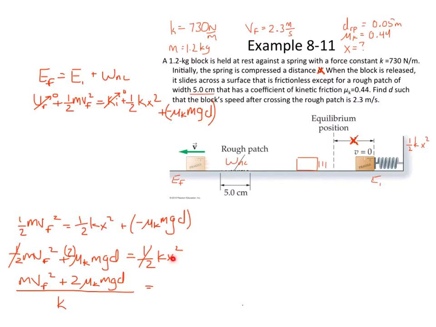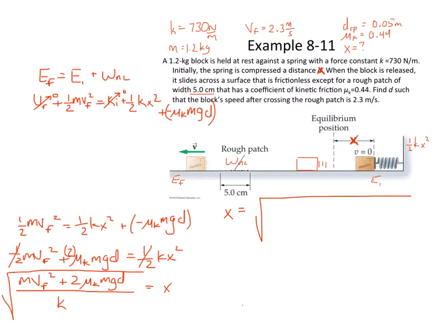Well, we don't want x squared, we want x, right? So how do we get rid of the squared? We're going to square root that. So I'm going to put a square root over this whole thing. And that's going to be our equation for how far this spring was originally compressed before we let it go. Okay, let's just simply plug in our values, and we should get it.